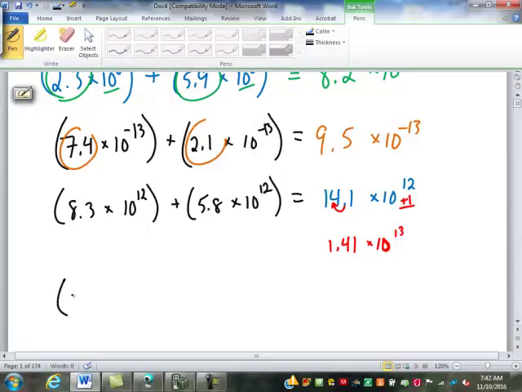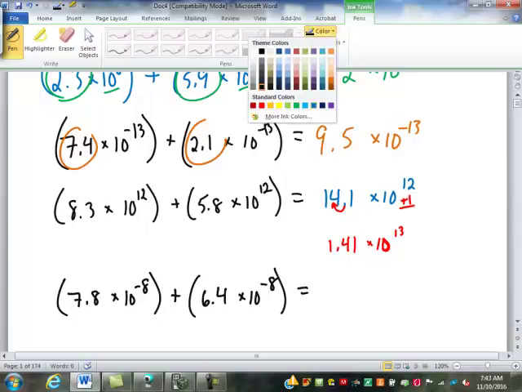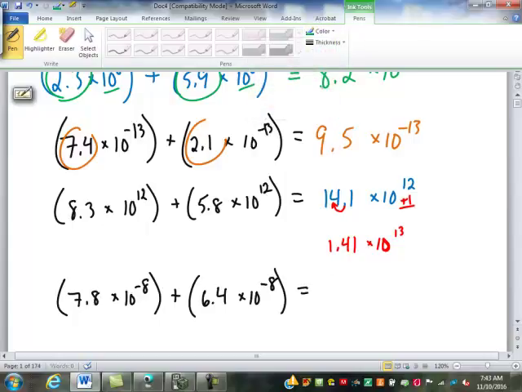We have to be a little careful with these. Take 7.8 times 10 to the negative 8 plus 6.4 times 10 to the negative 8. We do have the same power of 10, so we can add them. 7.8 plus 6.4 is 14.2 times 10 to the negative 8.